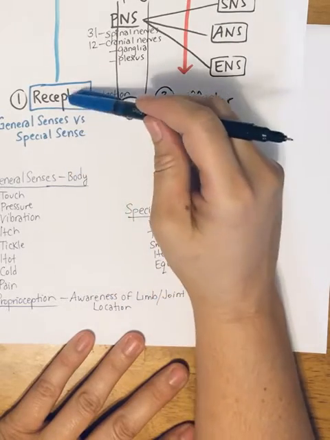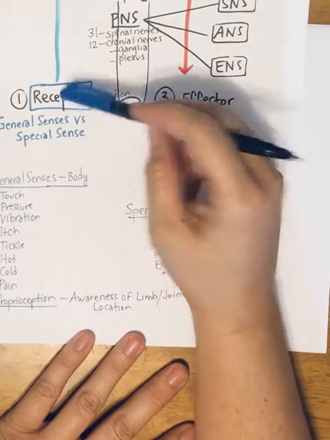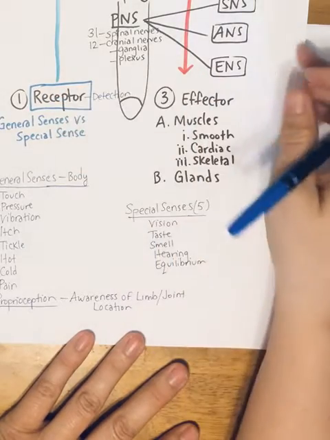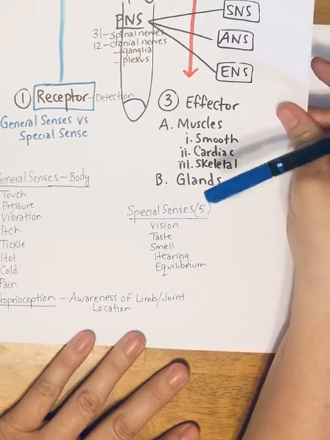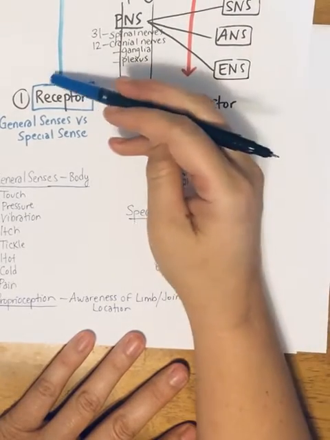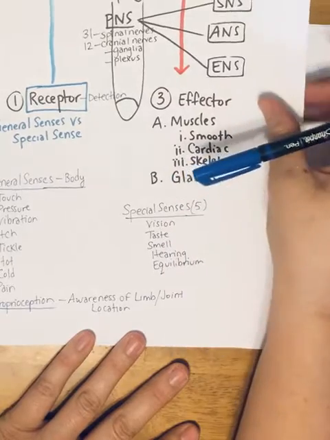So we're going to talk about receptors, a lot about receptors. We really haven't made a list on receptors, and I'm keeping it blue because receptors are going to be what sends sensory neurons.